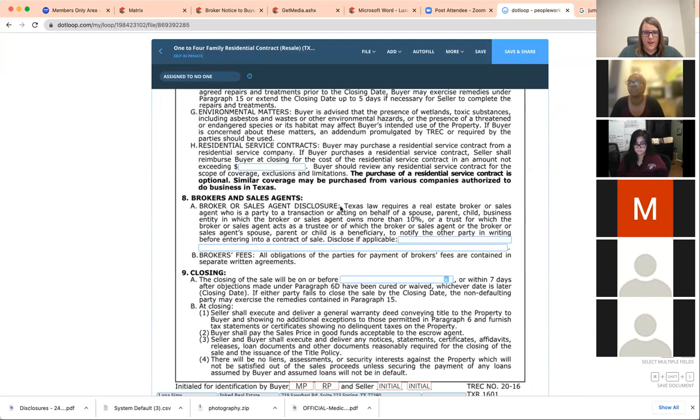Residential service contracts. These are the home warranties. These last for a year. They're paid by the seller if you ask for it at closing. Typically, they're around $500 minimum now. Depending on if there's a pool, a septic tank, multiple fridges, it could be all the way up to $1,500.